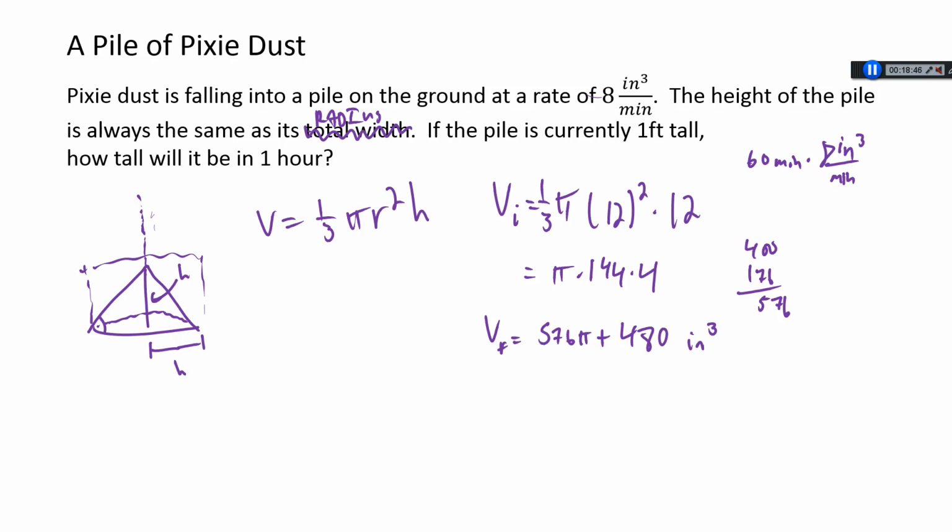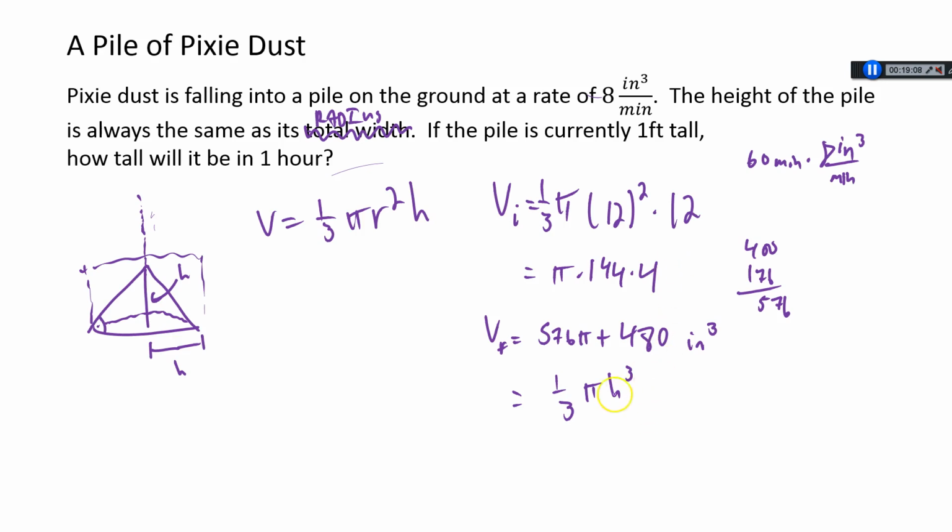Now we've got to figure out what the height is at that point. We know that this is equal to the formula 1/3 pi r squared h. But we know r and h are the same, so I'm just going to write that as h cubed, because it would be h squared times h. So now we just have to solve for h.